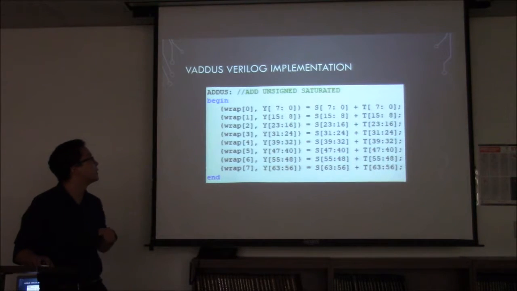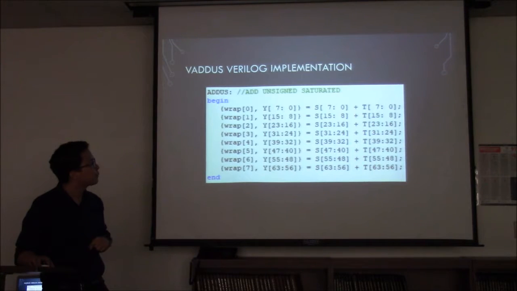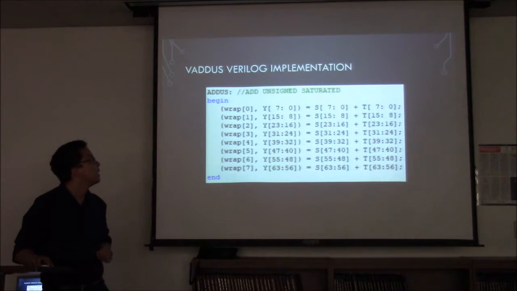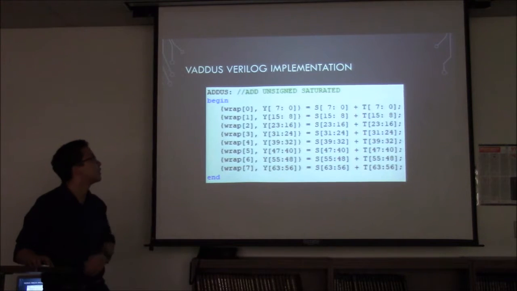So add unsigned. You can ignore the wrap right now because that's going to be a future enhancement. I'm trying to do signed, but that's just for future projects. Basically, I take the S and the T and add them together. I take 8 bits from S and 8 bits from T, add them together, get the value, and store it into the 8 bits of Y.